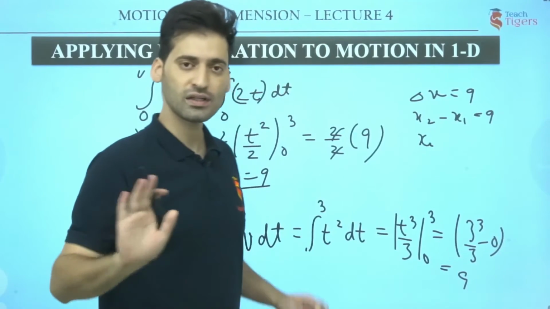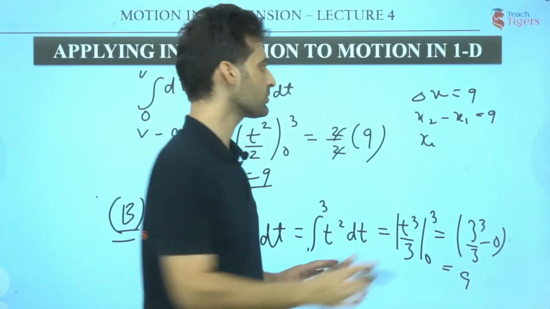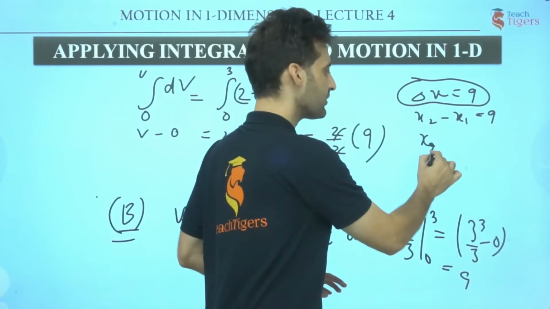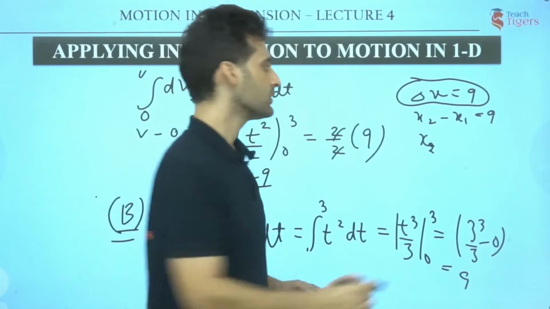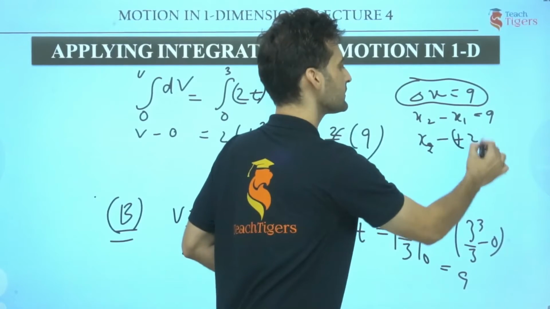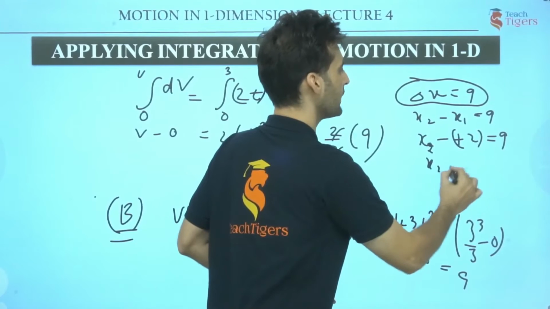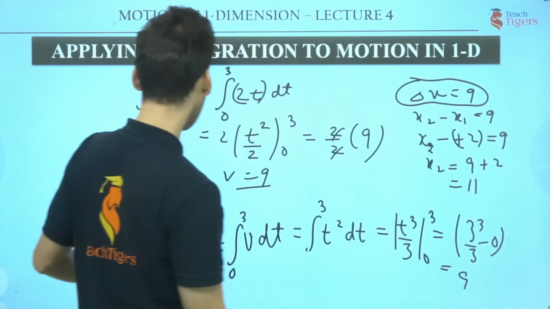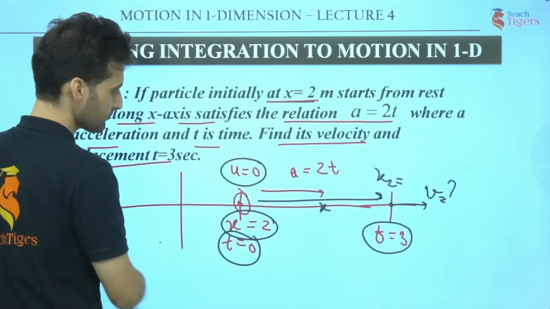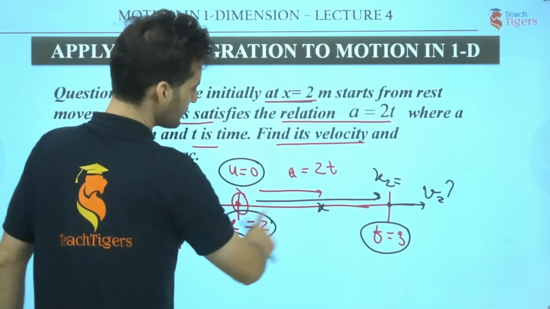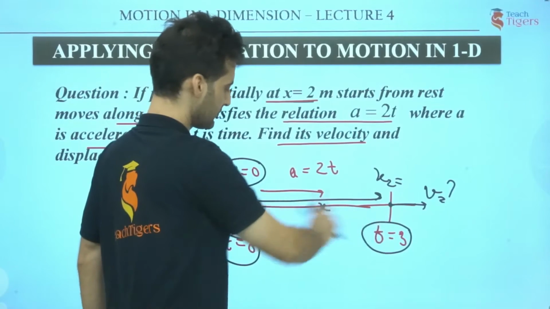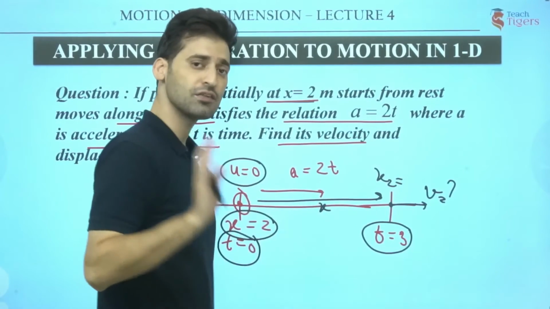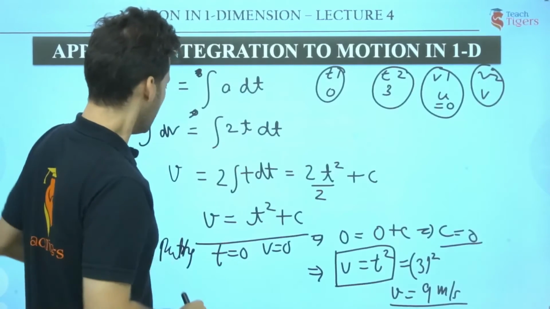Though we are only asked about the displacement, and the displacement I have got equals 9, if I had to find the final coordinate also, I could use this. Initial coordinate is plus 2, so final coordinate will be 9 plus 2, how much? 11. So the displacement was 9, x1 is 2, then x2 will be 11 meters, okay.